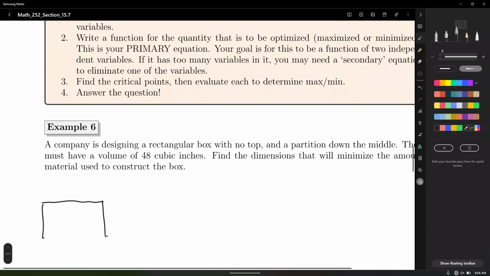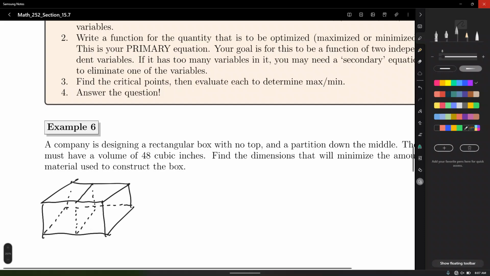We're going to draw a rectangular box that looks like this, with a partition down in the middle. So that's going to look like this. That's our box right here.